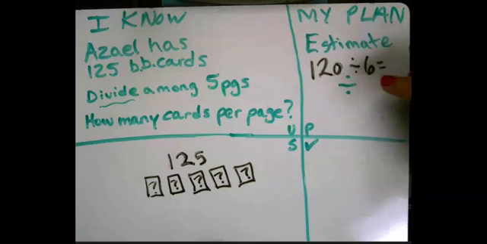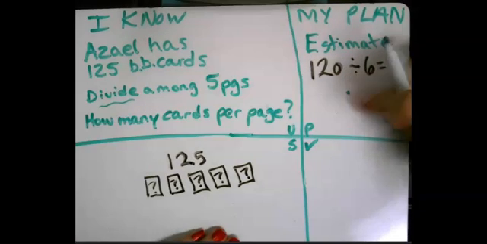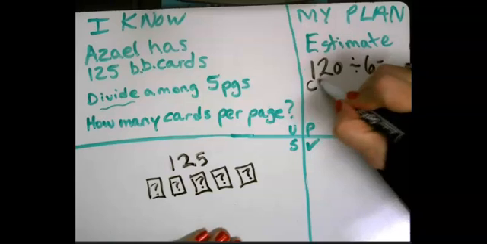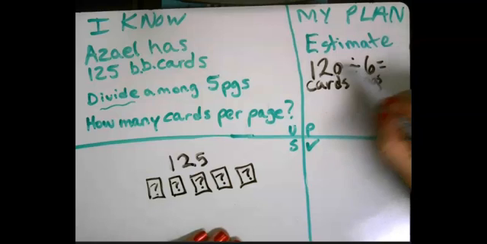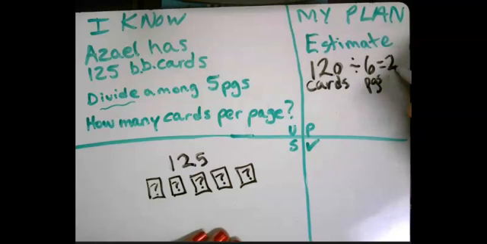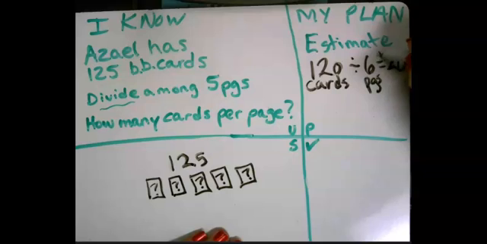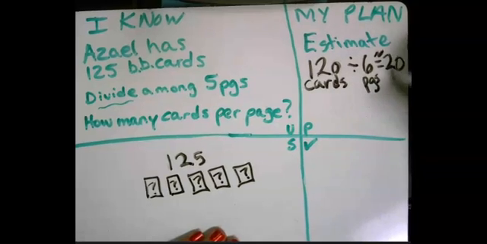So we have approximately 120 cards that are going onto 6 pages. This is our estimate. And I know that 6 fits into 12 2 times, and then I have this trailing 0. So there are going to be approximately, remember that's what that wavy little line means, approximately 20 cards on each page.